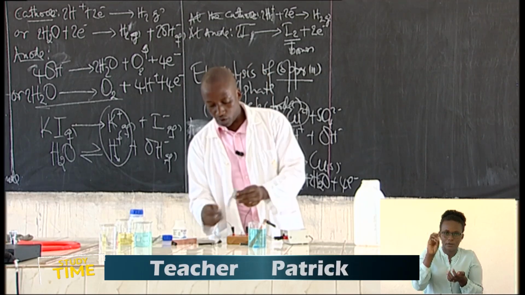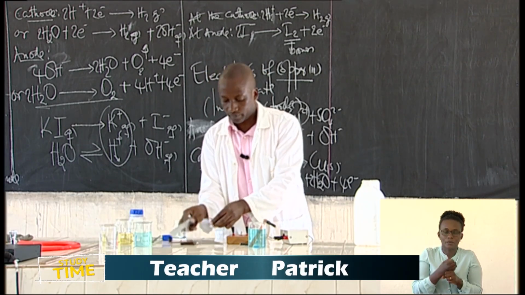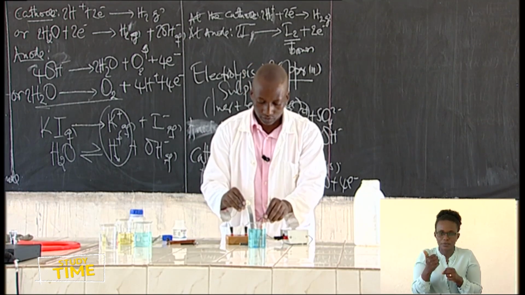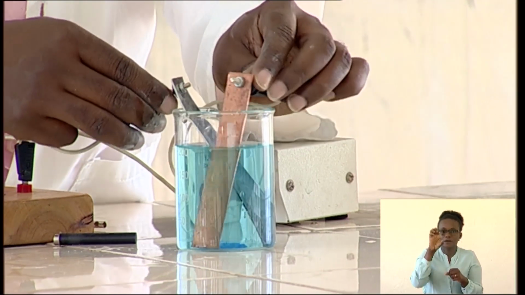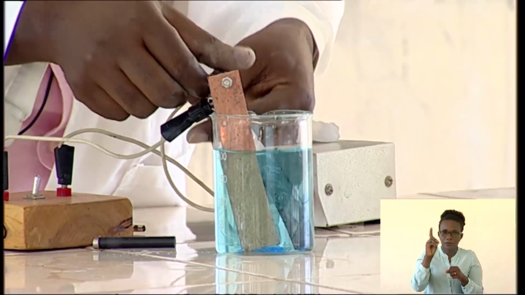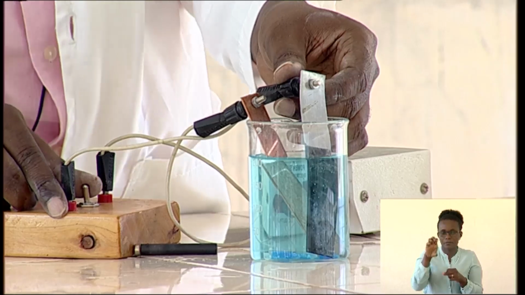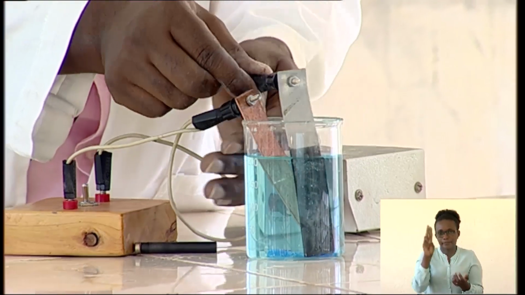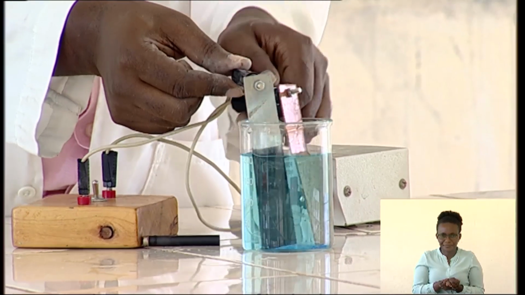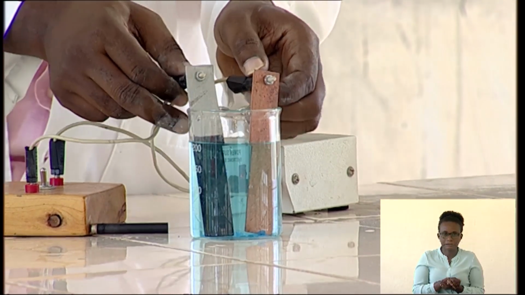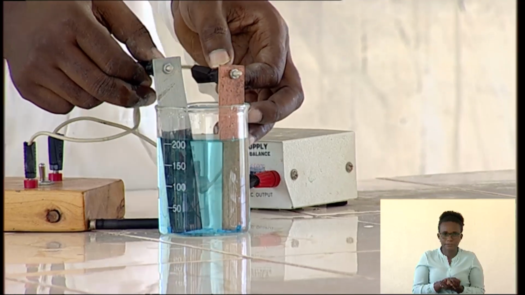And then we are also going to use a zinc electrode. We put it over there. We can make sure it doesn't... so you can see what is happening.